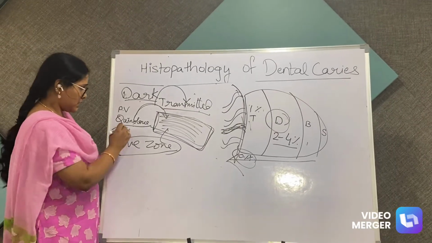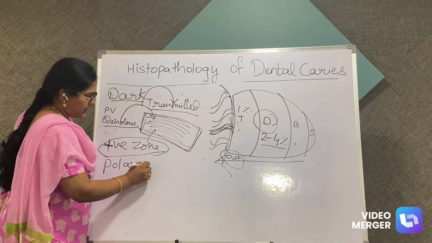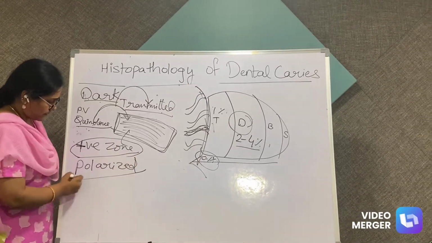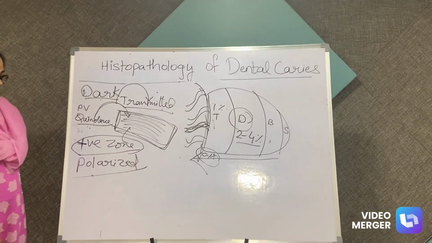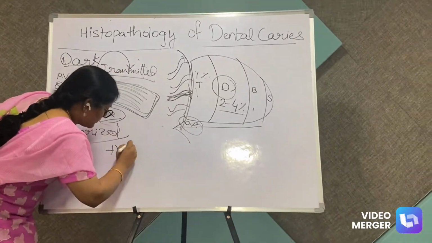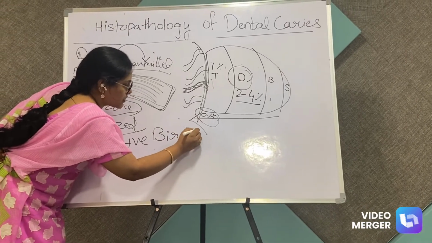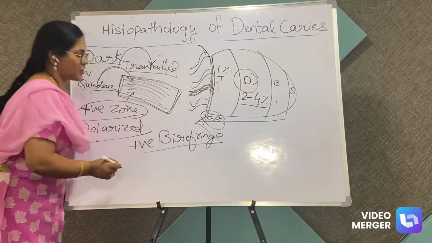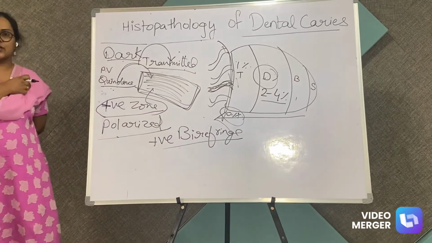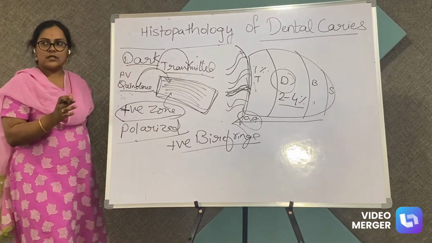When this zone was observed under polarized light, they observed positive birefringence. What do you mean by birefringence? Refringence means refraction; birefringence means double refraction. Refraction means bending or splitting of light.